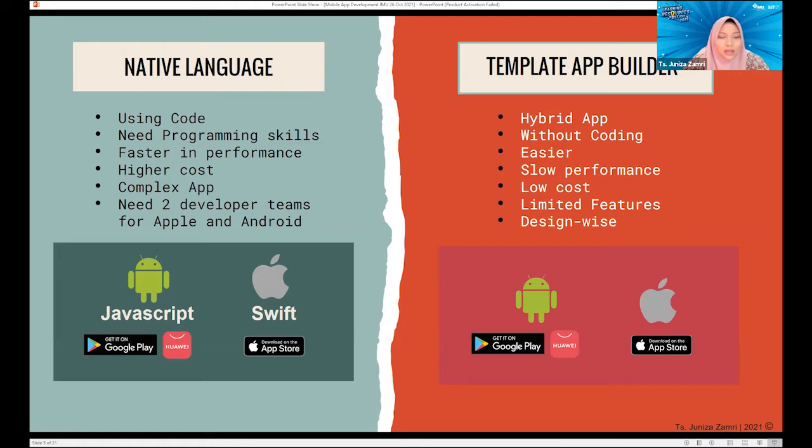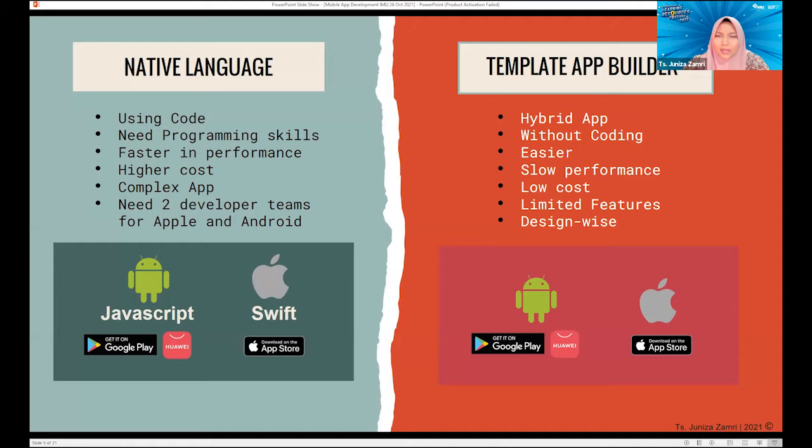Other than that, for native code, they normally use programming languages like Java, and Swift for iPhone, and C++, and so on. Okay, so the good side of native language applications is that they are more reliable and also more efficient in terms of the application.